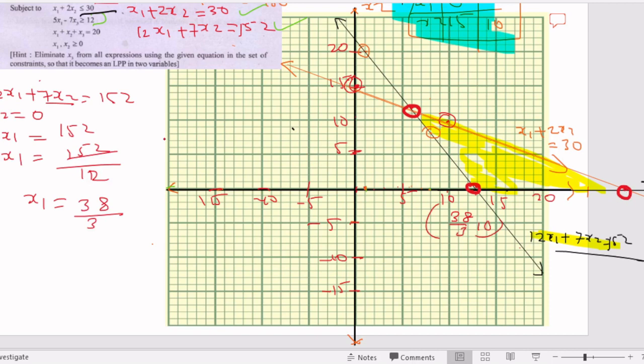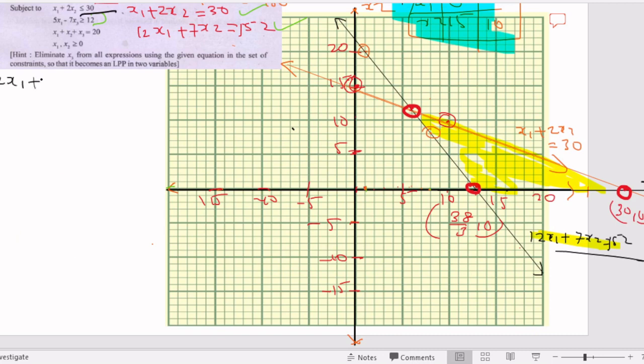Similarly, for this point you need to solve the orange line. The orange line is x1 plus 2x2 is equal to 30. This portion will be 0 because you need to substitute x2 equal to 0. So x1 is equal to 30. So this point is 30, comma 0. Straightforward. Now to get the coordinate of this point, you need to solve the black line and the orange line together.